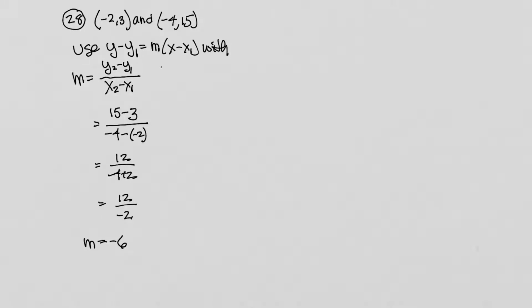And then our x1, if I'm reading left to right, the first x I see is this one up here, negative 2. And y1, the first y I see is this one, the 3. So let's substitute. We're going to get y minus y1, which is 3, equals m, negative 6, times x minus x1.